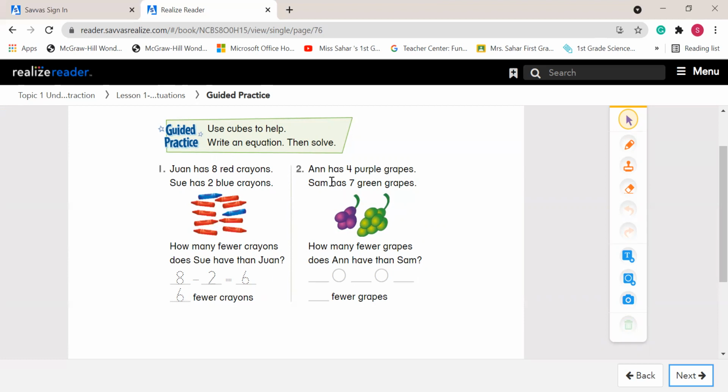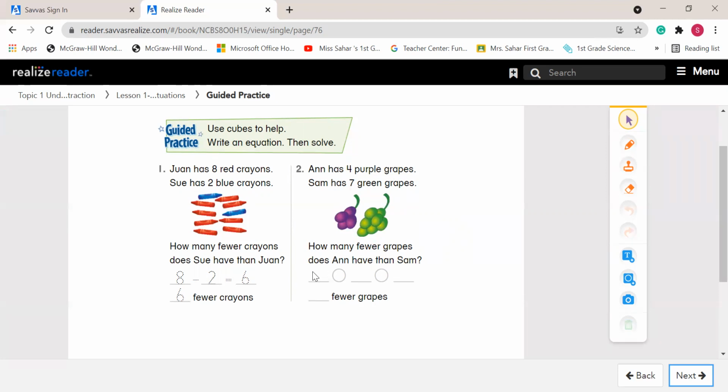All right, number 2. Anne has 4 purple grapes. Sam has 7 green grapes. How many fewer grapes does Anne have than Sam? So we know that Anne has 4 purple, right? And then Sam has 7 green. So who has fewer? I'm looking for the fewer.